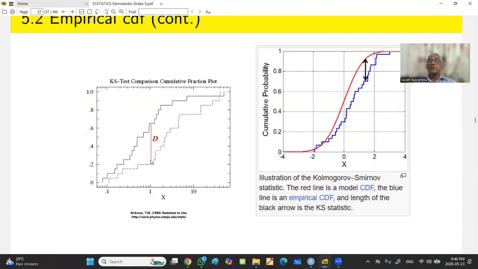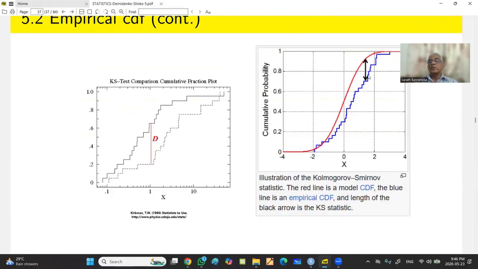In that case, we can draw the actual cumulative distribution function of that assumed distribution, and also draw the empirical cumulative distribution function using our data, and then again look at the vertical distance between the two.